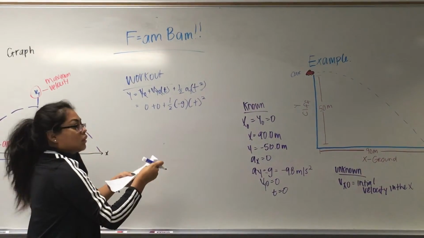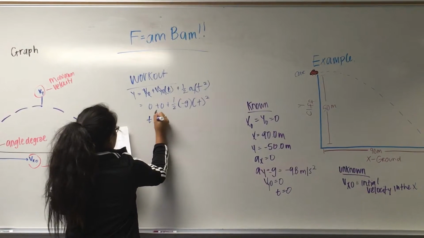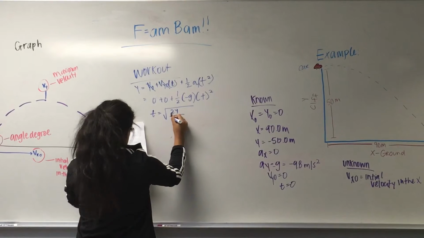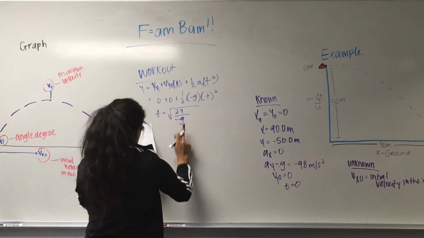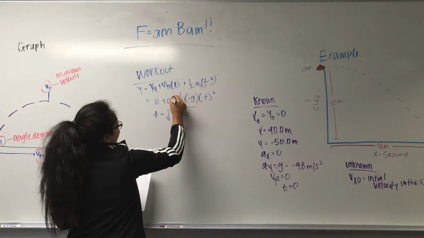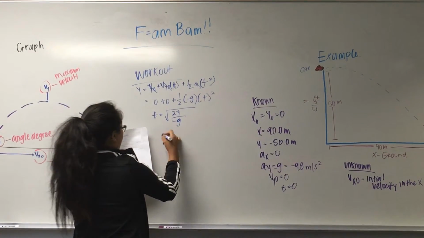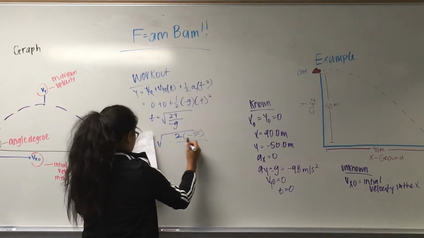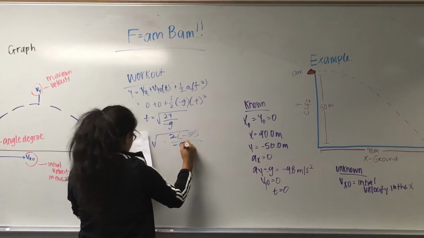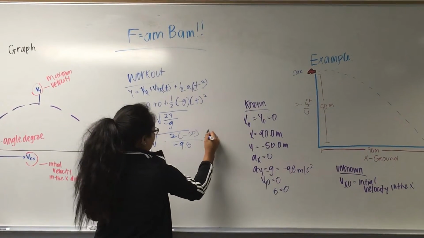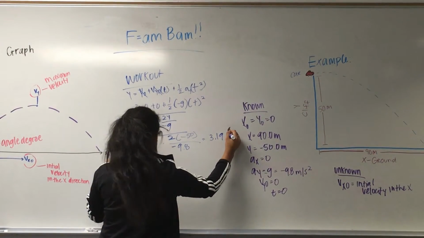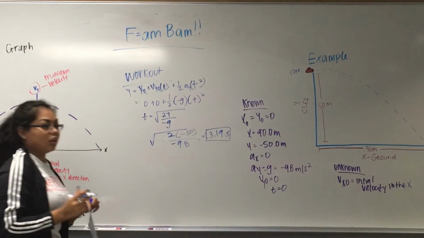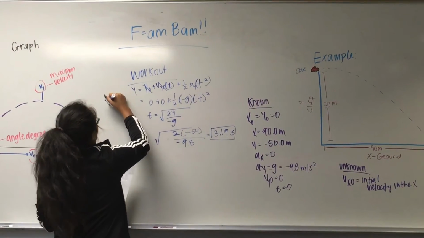So then t equals the square root of 2y over negative g, because you have to basically start from here. Then 2 times negative 50 divided by negative 9.8 equals 3.19 seconds, and that's your t. And that's part 1.